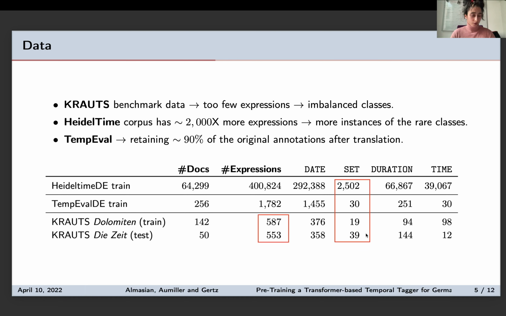It is worth noting that the majority of the mistakes made by the multilingual model actually happen in these rare class domains. Also, by automatically translating TempEval, we were able to retain 90% of the original annotations.